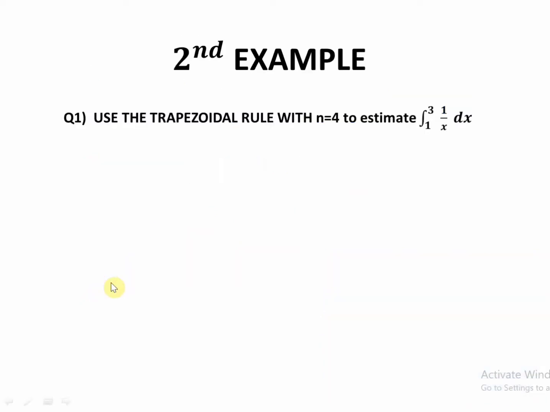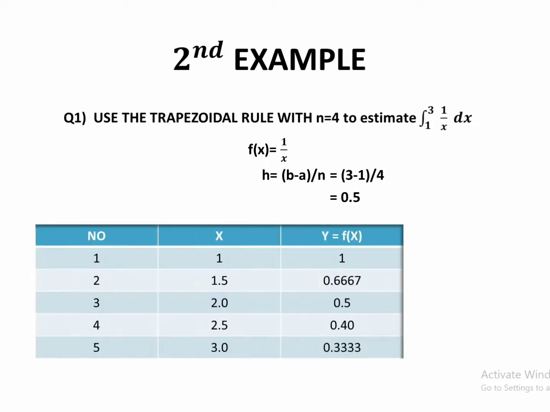Now second example, in which the function f of x is equal to 1 by x and the limit is 1 to 3. So h is equal to b minus a, means 3 minus 1 upon 4, is equal to 0.5. Now prepare the table of values of x: 1, 1.5, 2, 2.5 and 3. The width of the interval is 0.5 each.